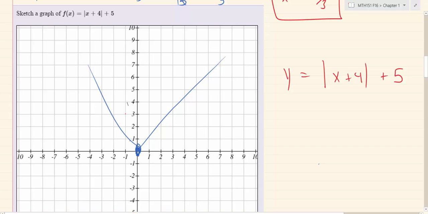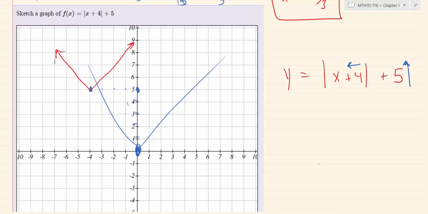Up 5 units: 1, 2, 3, 4, 5. Where's that come from? Here. That means move the vertex up 5. And now my horizontal shift: this plus 4 means move it to the left 4 units. So 1, 2, 3, 4. So this should be a picture of that graph.